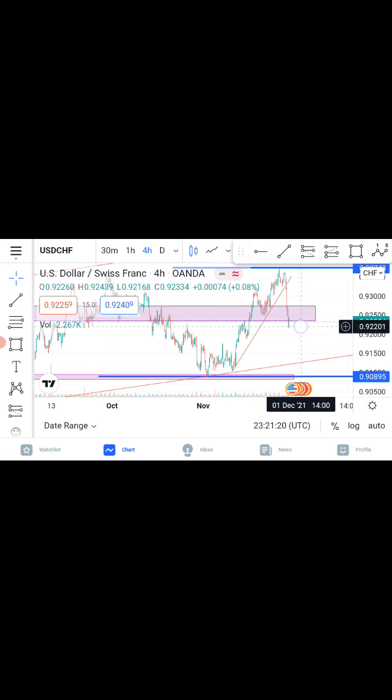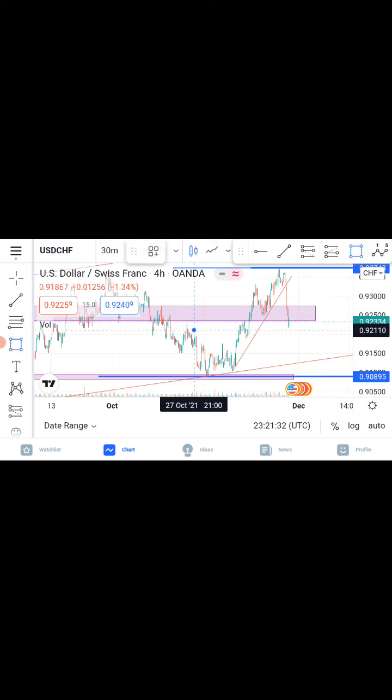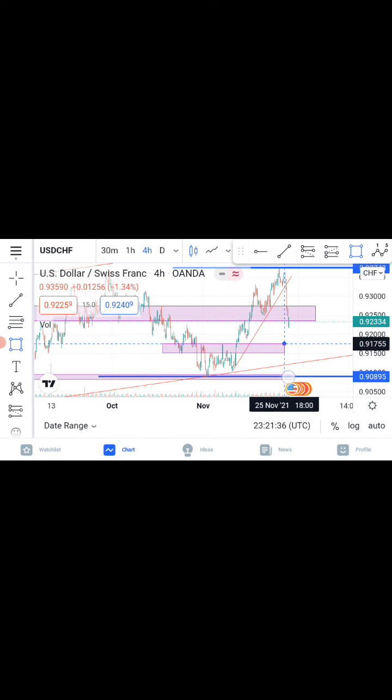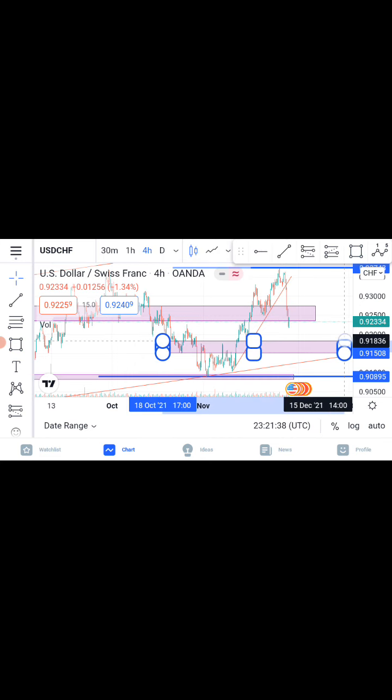So now USDCHF has a break. Now it's retesting over here, confirming that we're going to this downside. So my first target over here would be this low, this low over there.